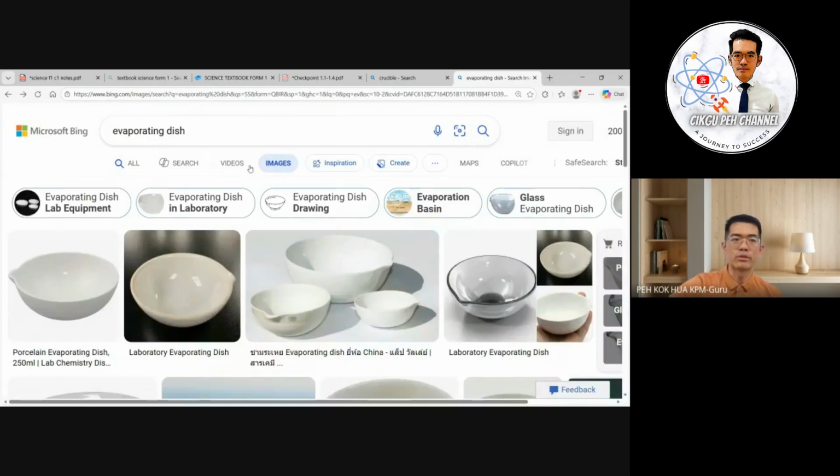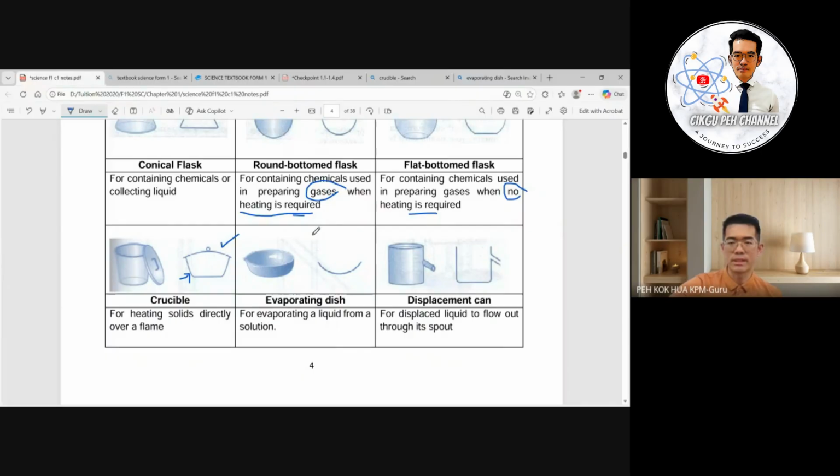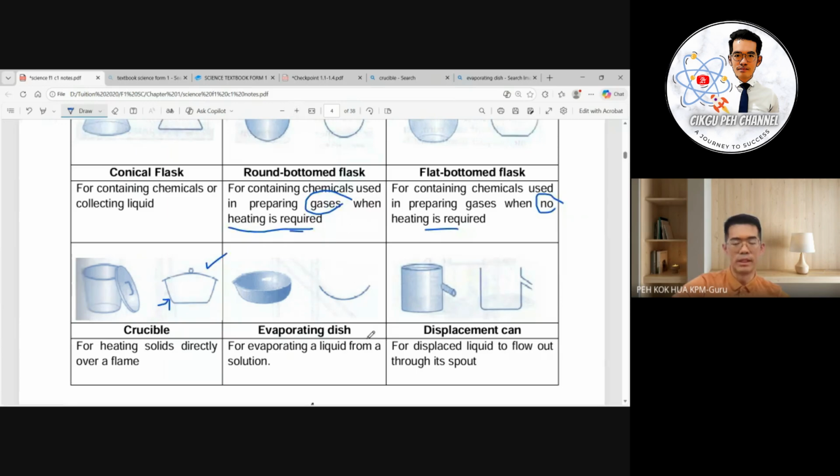Okay, then we go back to our next apparatus at page number 4, the last one, the displacement can. You can see there is a mouth opening. The mouth opening is used to overflow the water. Actually, they want to use it to measure the volume of an irregular shape object.